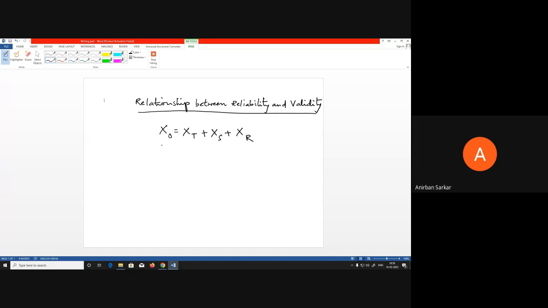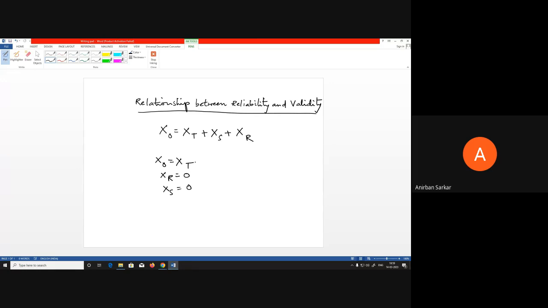We can say that our true score model is perfectly valid and perfectly reliable if X0 is equal to XT, where XR is 0 and XS is also 0. So we may say that there is both reliability and validity.